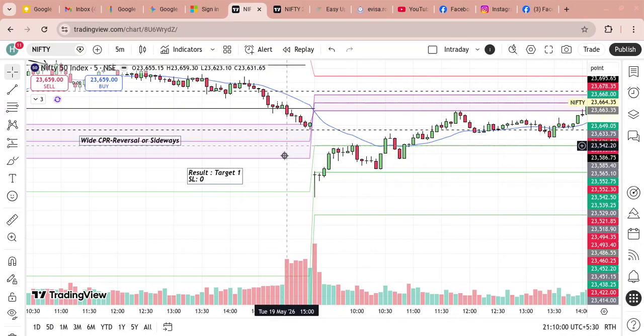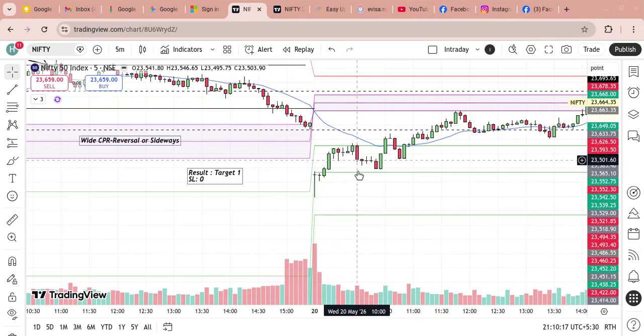Now in this virgin CPR, if you go with a standard way of trading, we have a trade like once it reaches here and the candle reverses, it is called the virgin CPR reversal pattern.